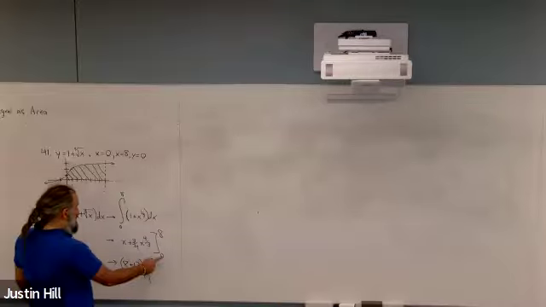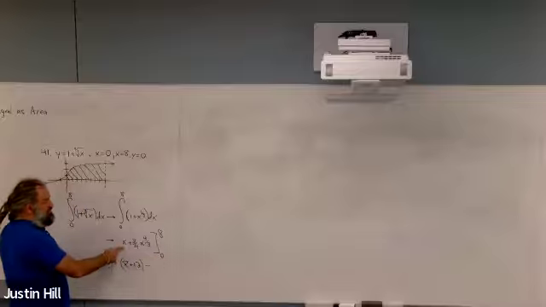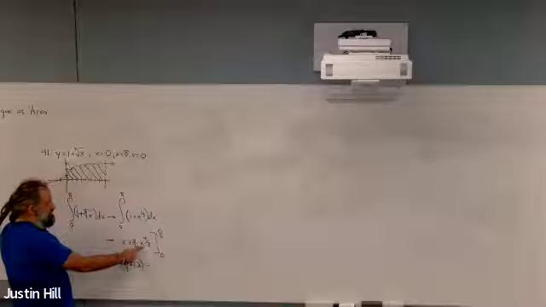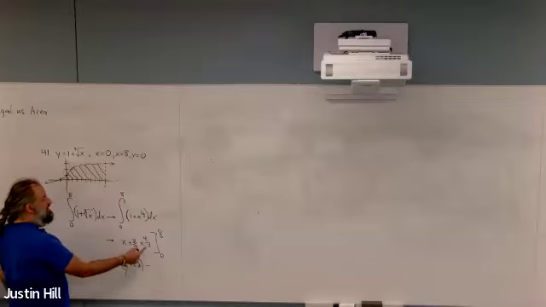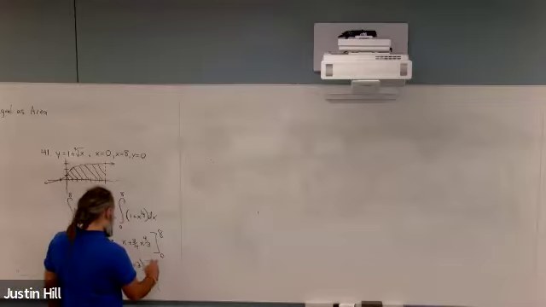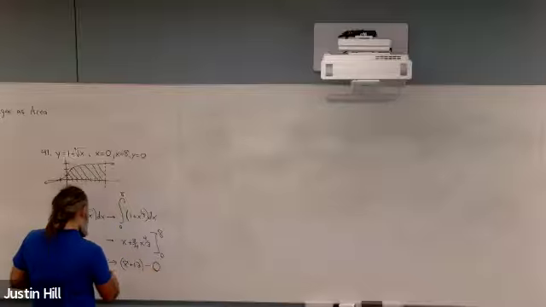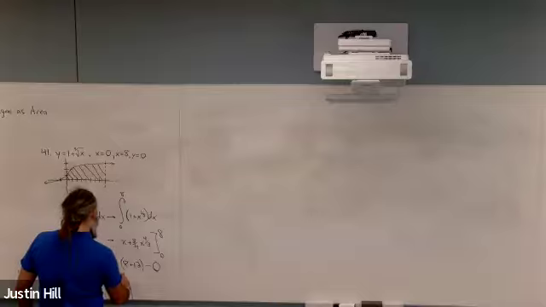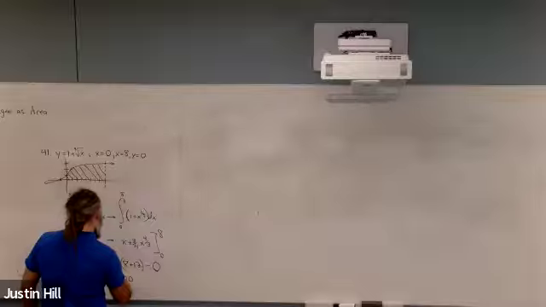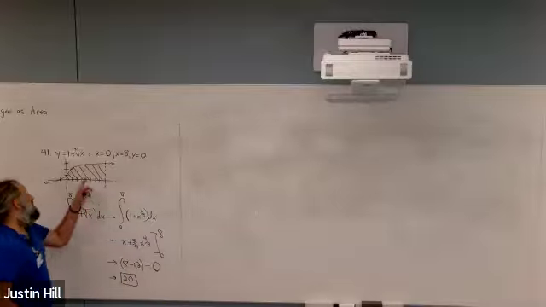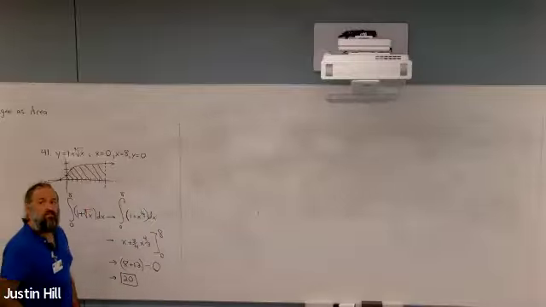And when you plug in a 0, 0 is 0, and 0 to the 4/3 power, the cube root is 0, and 0 to the 4th power is 0. 0 times 3/4 is 0. So this is just straight 0 out of all this. So what we end up getting, the area of this is 20. So the area of this funky looking little region is 20.